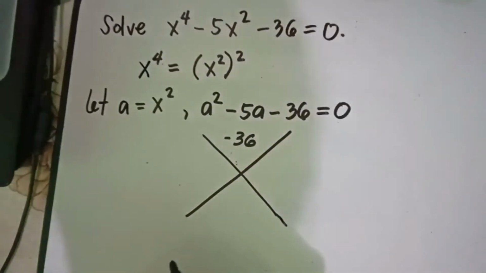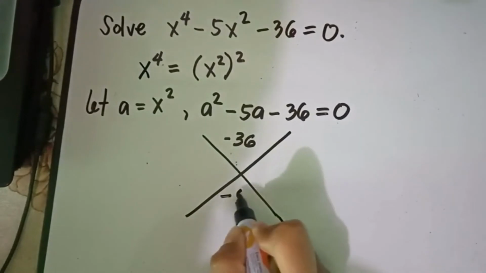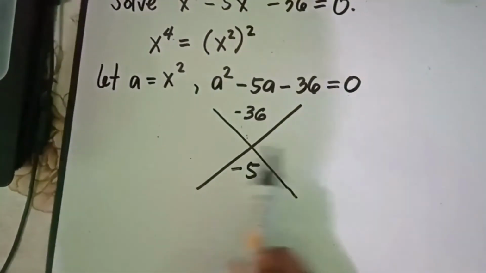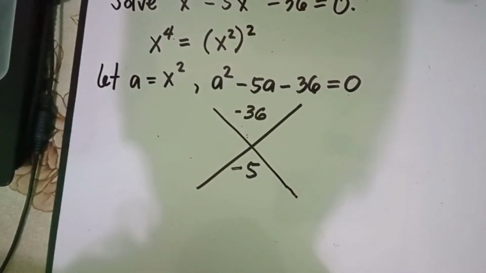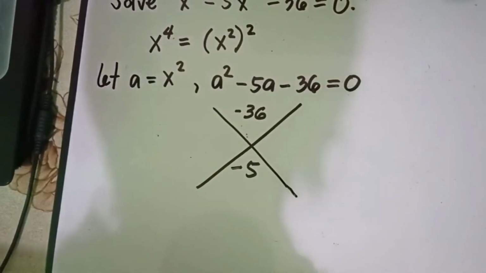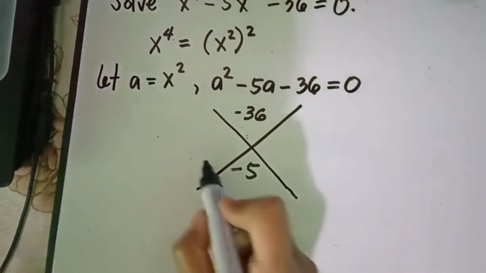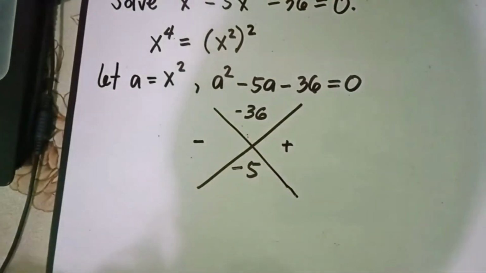Then, sa baba, ang inilalagay natin is the value of b. And the value of b is what? Negative 5. Okay? So, dito sa left and right side ng x, ang ilalagay natin ay yung factors ng negative 36 that would give us a sum of negative 5. So, what are those values? Take note, yung product natin is negative. So, ibig sabihin, yung isang factor is negative, the other factor is positive.